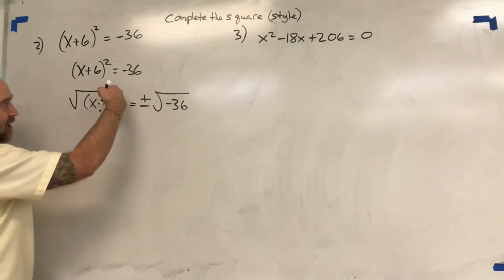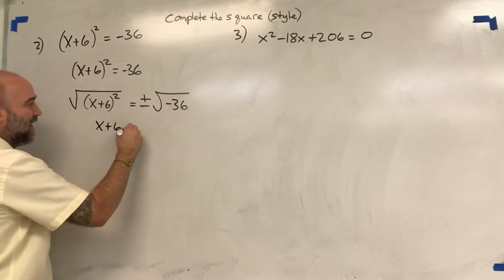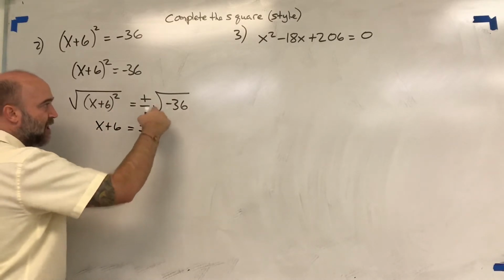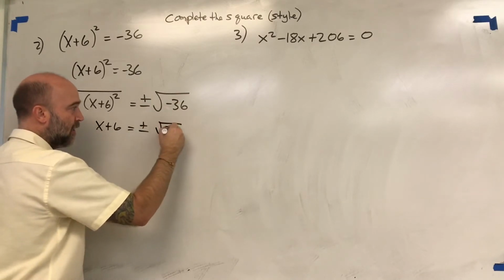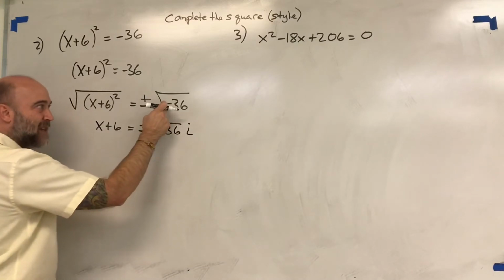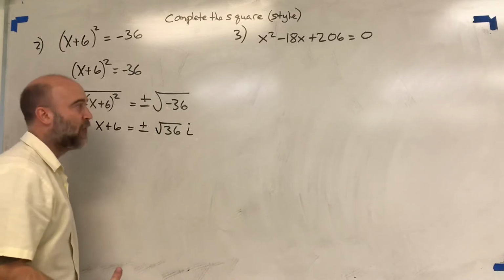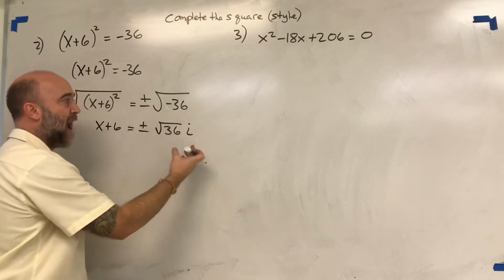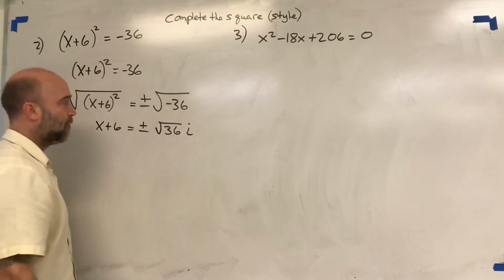So, like I said, a square and square root undo each other, so we're left with x plus 6 equals plus or minus the square root. Let's take care of that negative first. That's my trick: whenever you see a negative inside the square root, it comes out as an i. Try not to overthink it too much. It's a new kind of math for a lot of people, so we just pull it out.